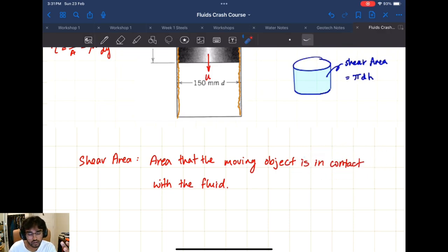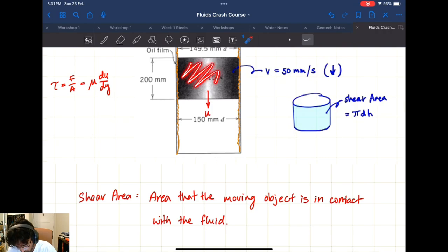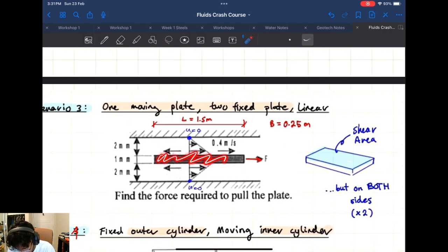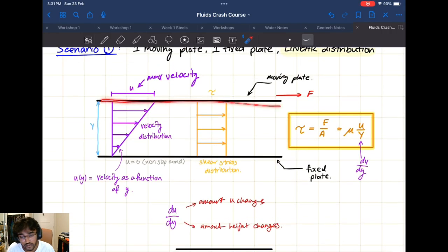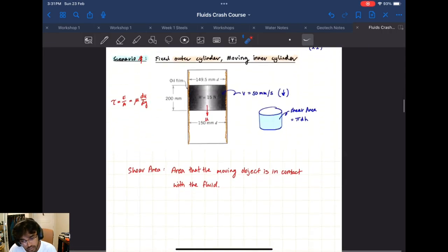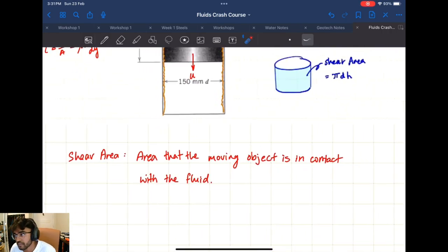So think about the moving object, right? Let's say a moving plate, a moving cylinder, a moving plate within two fixed plates, essentially. In this case, this is our moving object, this one is our moving object, and this one is our moving object, for each scenario. So think about the moving plate, and think about the area of the moving plate that is in contact with the fluid.